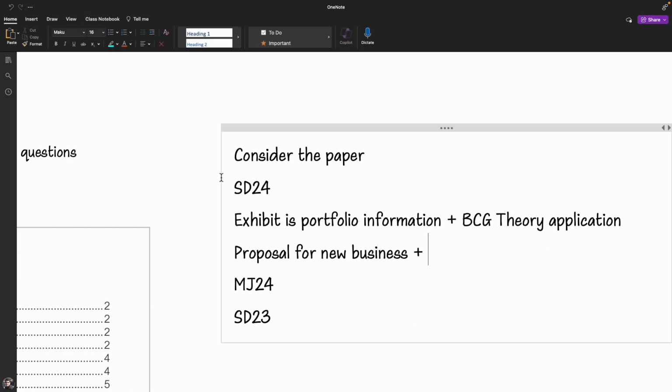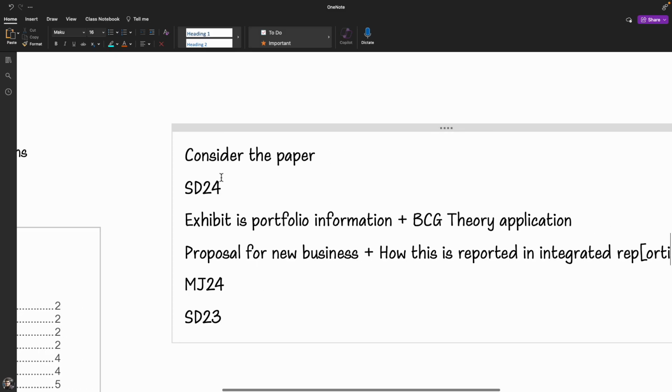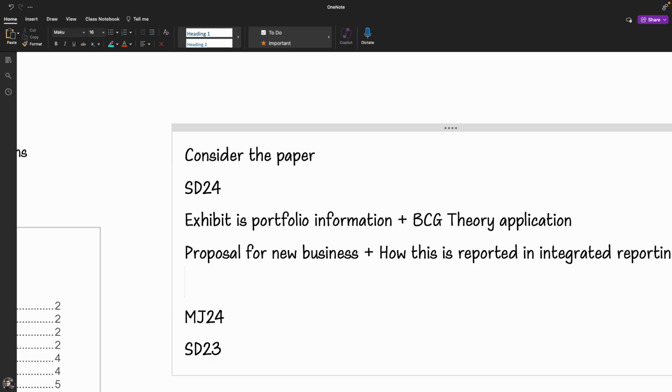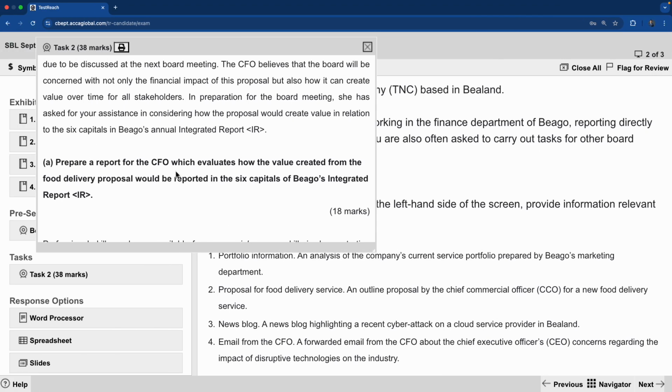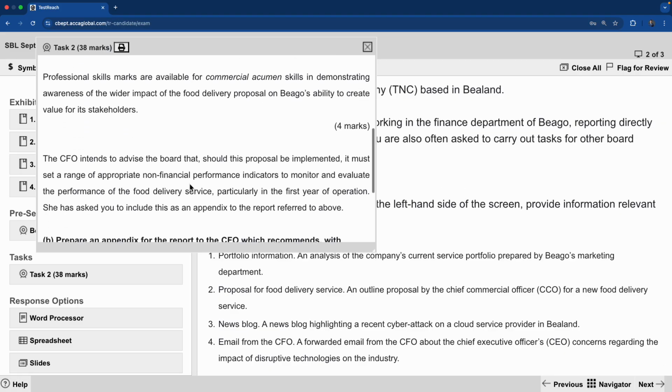So proposal for new business, then they ask you how this would be reported. What happened was, a lot of students who went for this exam saw the words proposal for new business and stopped reading the requirement, because they had already prepared feasibility, acceptability, suitability. That was not what the question asked you for.